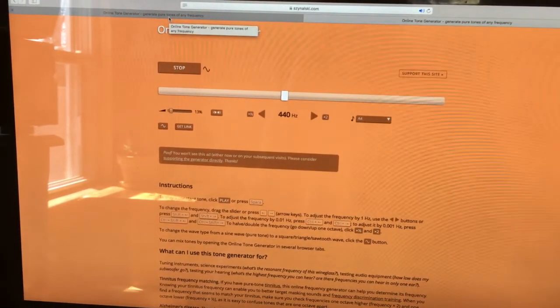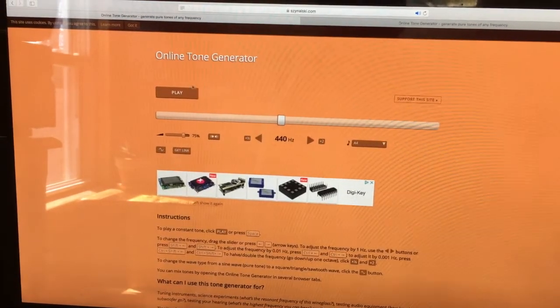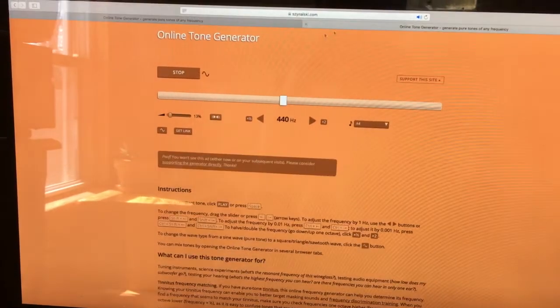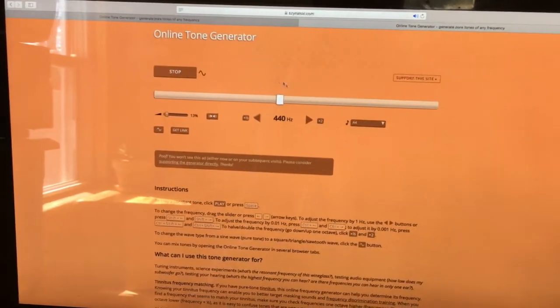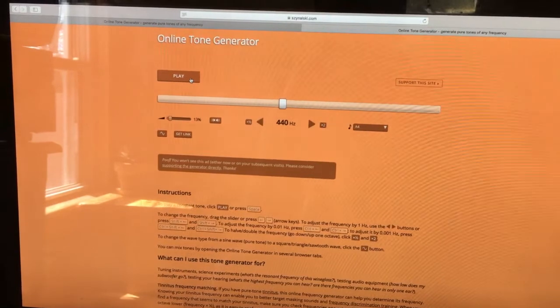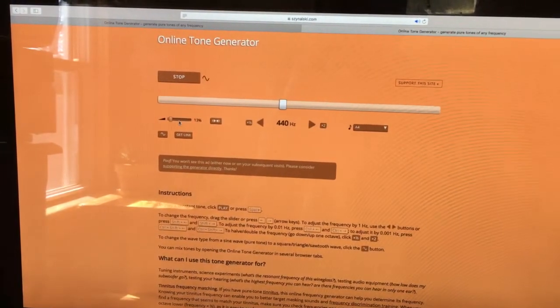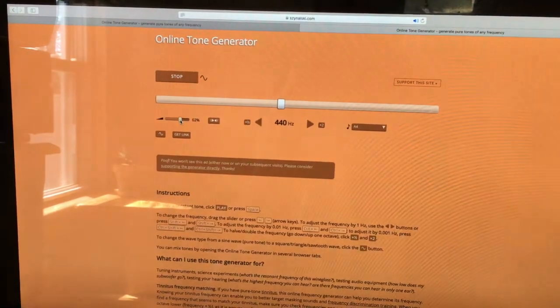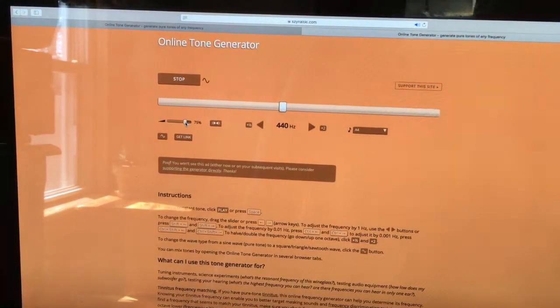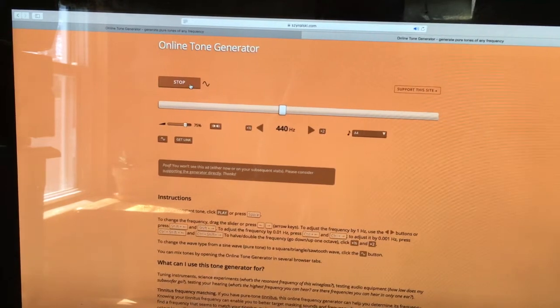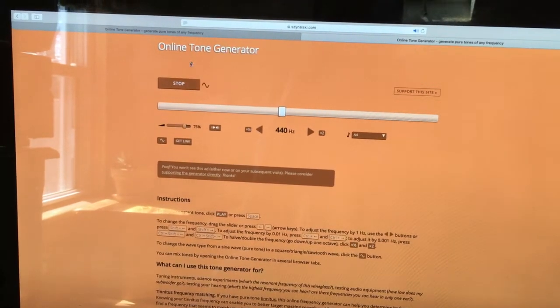All right, so coming back to this, I have two tone generators opened up here, and they're both set to 440 hertz, right? This one's playing right now only, so I'm going to turn that off. I'll play it again. I'm going to turn it up so you can hear it. Okay, so I got about 75%. All right, turn it off, turn it on.